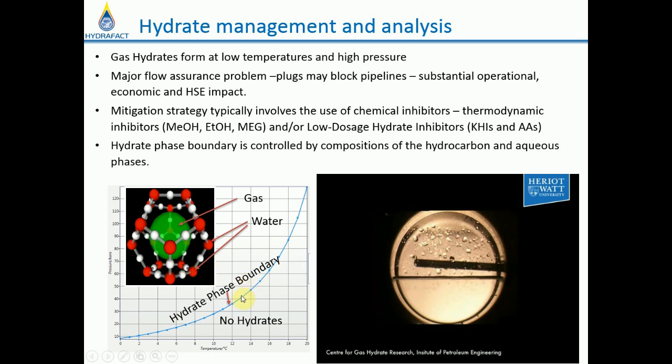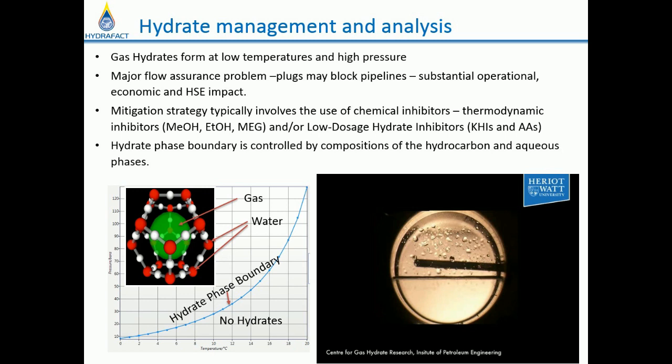The other factor controlling the hydrate phase boundary is the composition of the aqueous phase. If there are any non-hydrate forming compounds dissolved in water, some water molecules are busy dissolving the compound. Therefore, less water is available for hydrate formation. That results in the hydrate phase boundary shifting to the left.